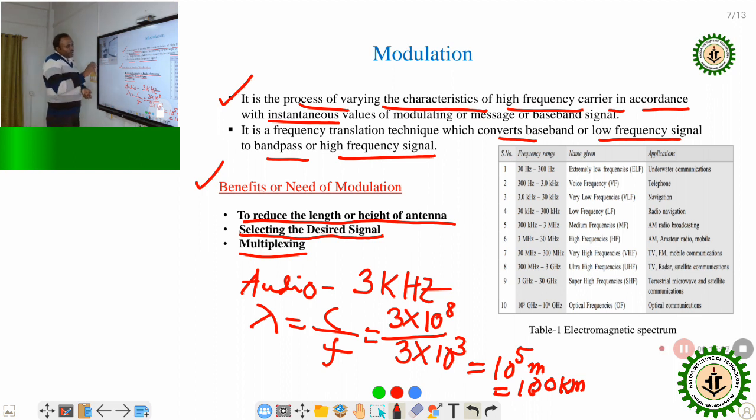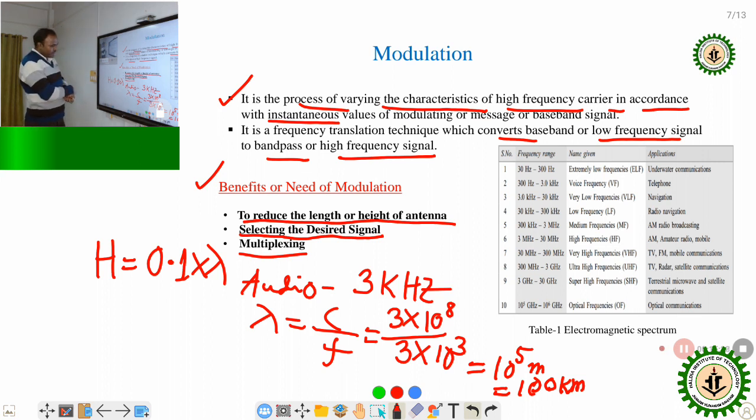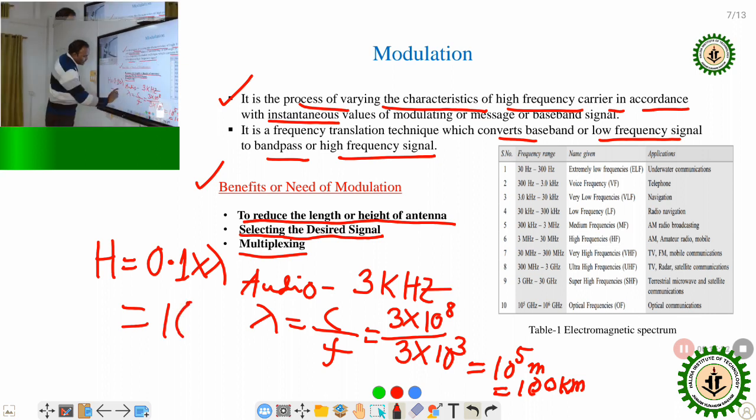Now if you want to determine the antenna height to transmit this signal, it follows this equation. Normally antenna height is a fraction, 0.1, multiplied by the wavelength. So it comes to 10 kilometers according to this calculation.